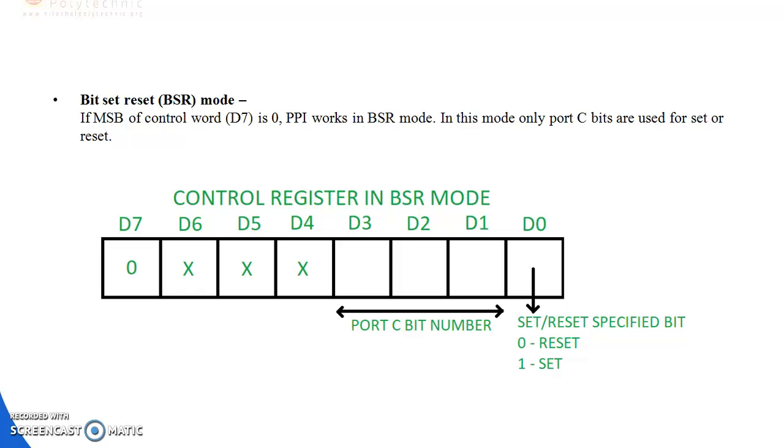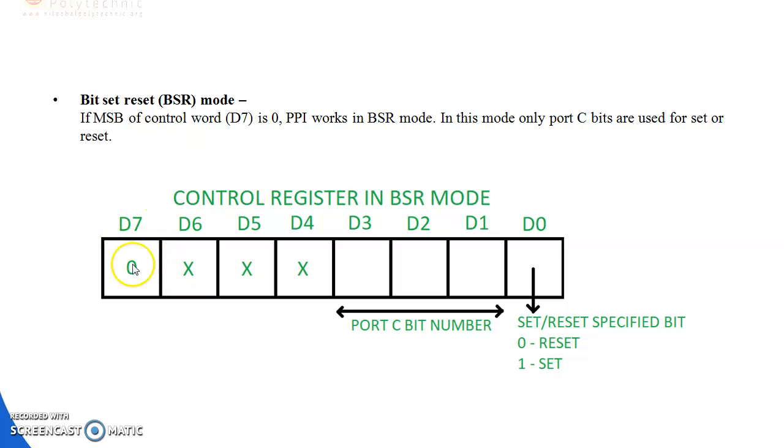Then the set reset mode, that is BSR mode. If the MSB of the control word, D7, is 0, the PPI works in BSR mode. In this mode, only the port C bits are used for set or reset. So here is the control register in this BSR mode.